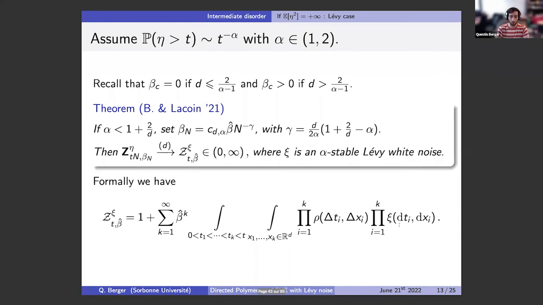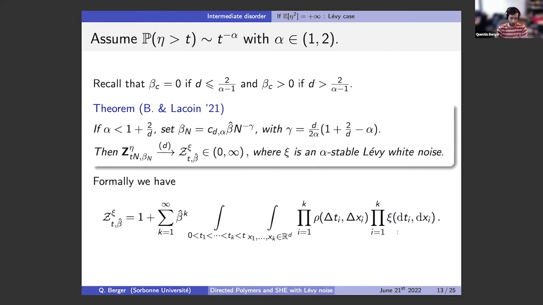But another thing that we proved with Carsten Chong and Hubert Lacoin is that once you know how to define this expression, once you know that this is well defined, you can also prove that it solves the stochastic heat equation with that Lévy noise.